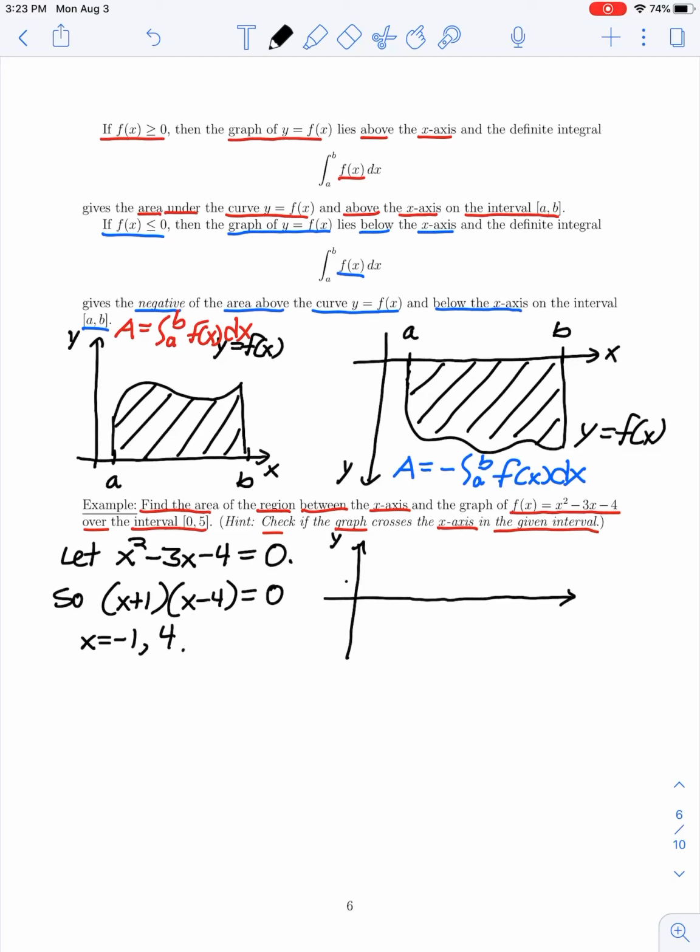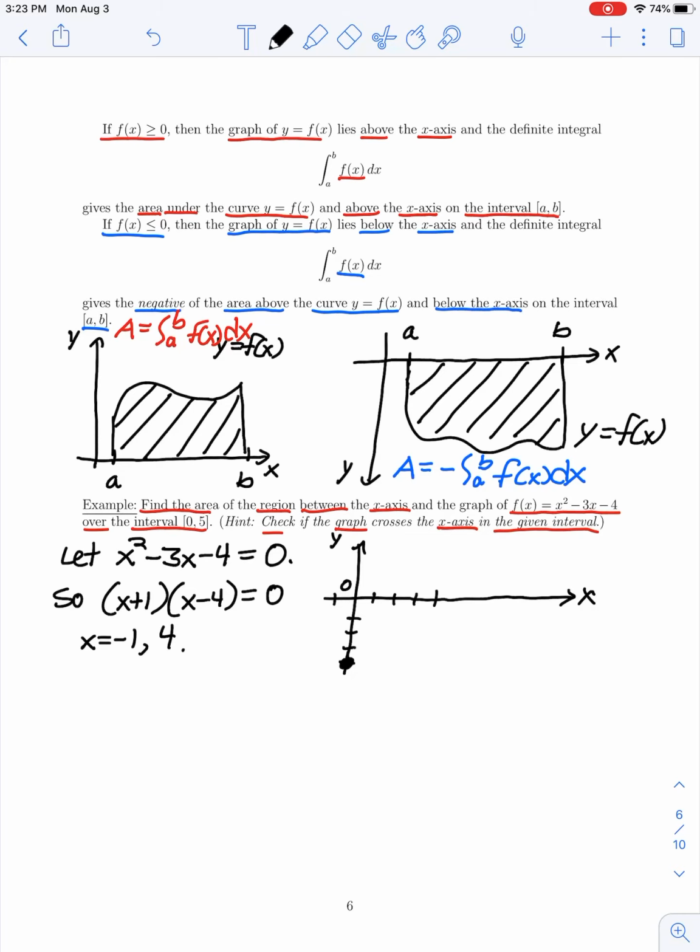And at the value x equals 0, my corresponding y value for the function would be negative 4. So my curve will pass through this point, and we saw its x-intercepts were at negative 1 and positive 4.